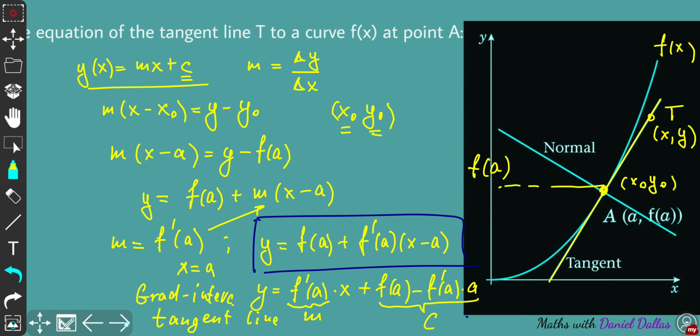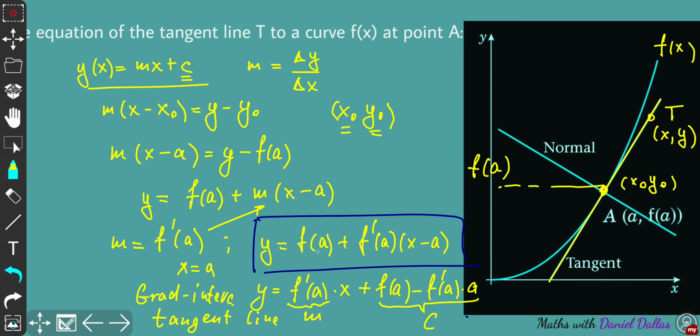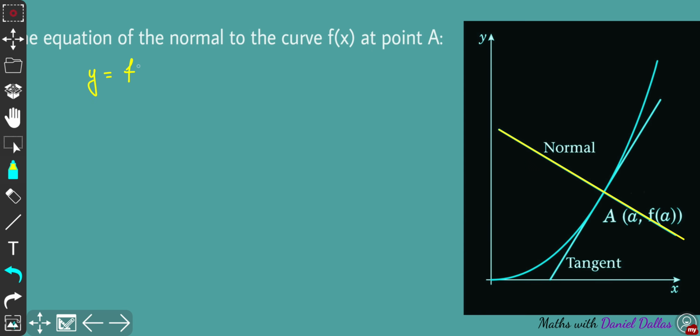All right, so let's go to the normal. So what can you say about the normal? The normal is perpendicular to your tangent line and also goes through this point. So let's pretend that you know the equation of the tangent line, which is f(a) plus f prime(a) times (x minus a). How to work out the equation for the normal line, which is actually perpendicular?